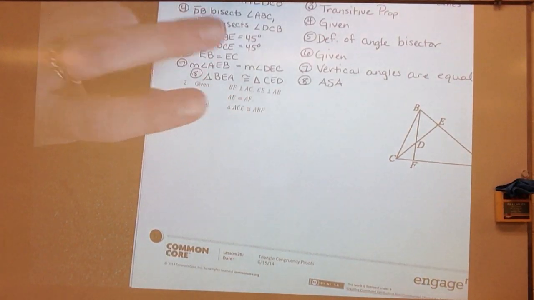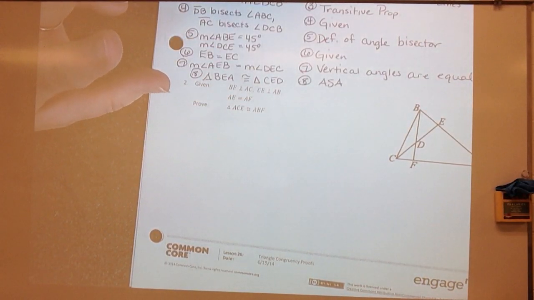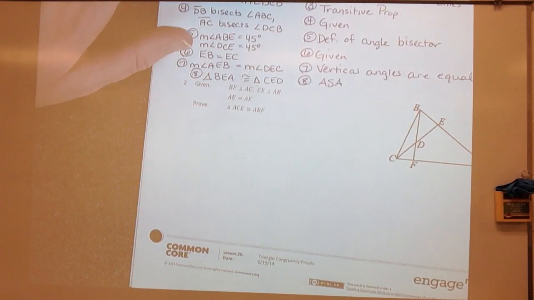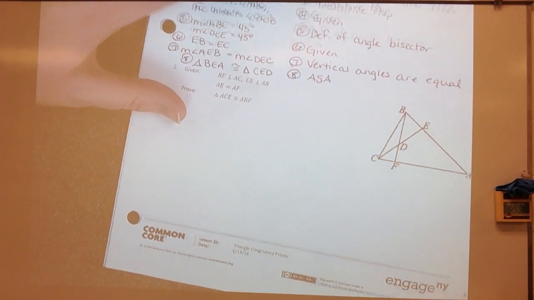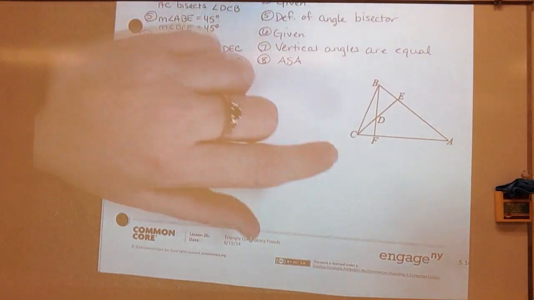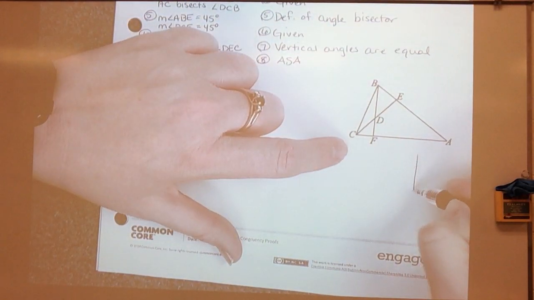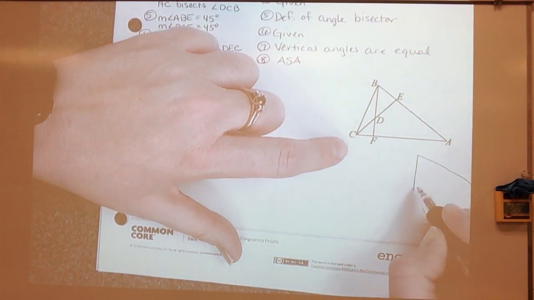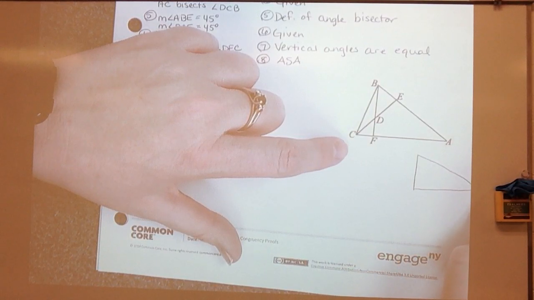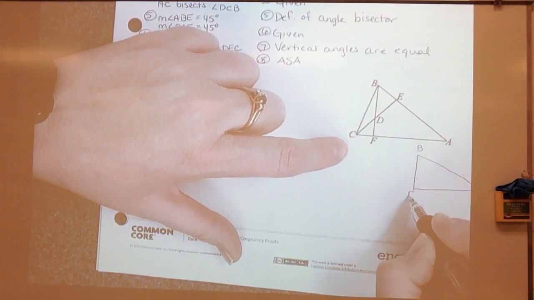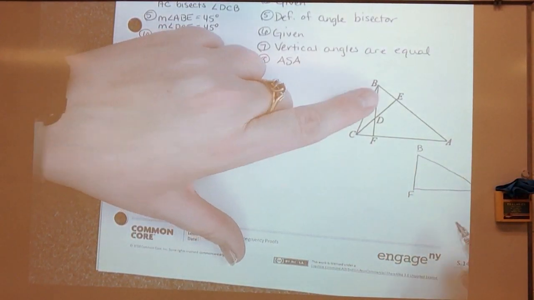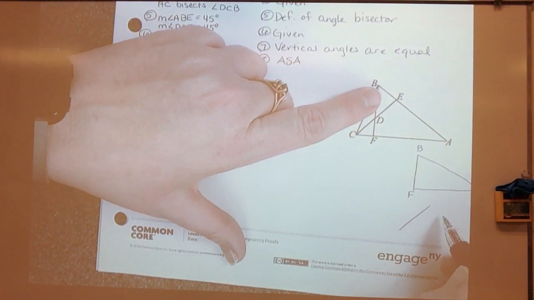Alright? So here's what you can do. If it helps you to visualize it a little bit better, you can split it up. So I have ABF, and I'm looking at AEC.